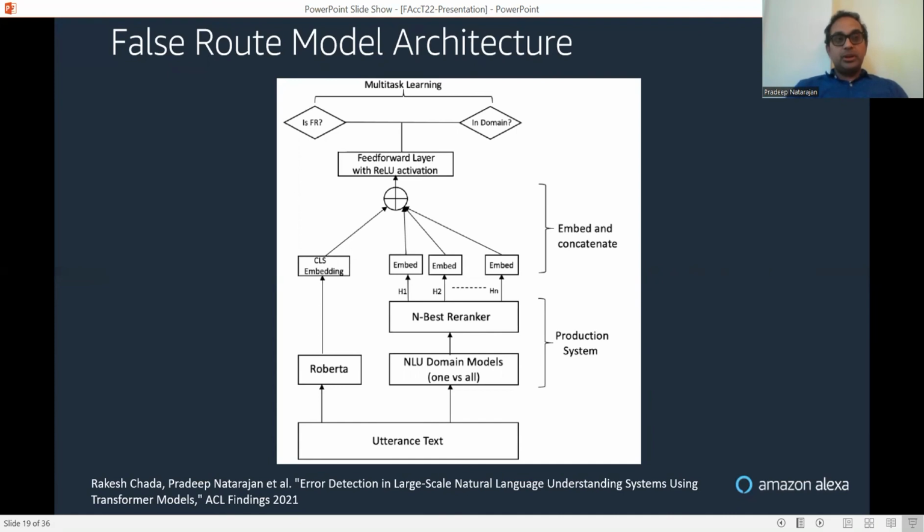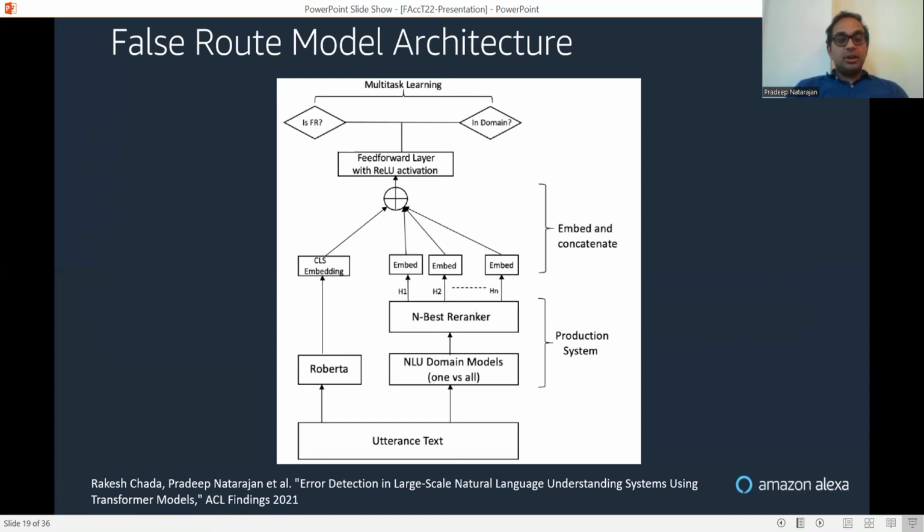Then we take the RoBERTa-based encoding as well as the embeddings of the metadata, like confidence scores from the production models, concatenate them, and feed them into a feed-forward neural net. And then we train this full multi-stage pipeline in an end-to-end way in a multitask setting.